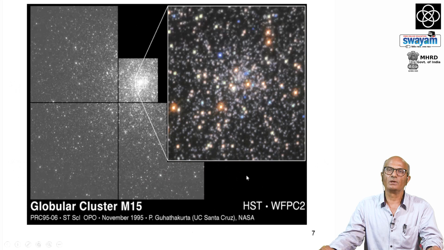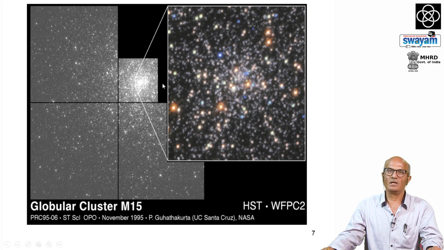In the other picture, the core of the galactic globular cluster M15, this is a ground based image. When it was imaged with the HST wide field camera, you can see all the stars are resolved, and in fact, you see some blue objects and they are the white dwarfs.